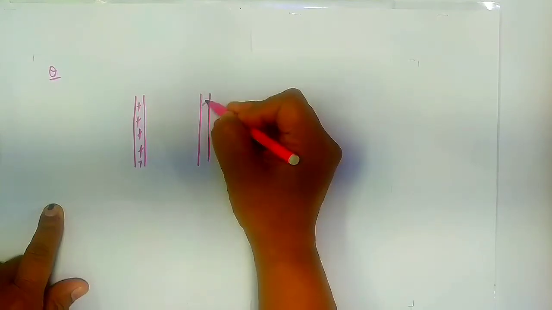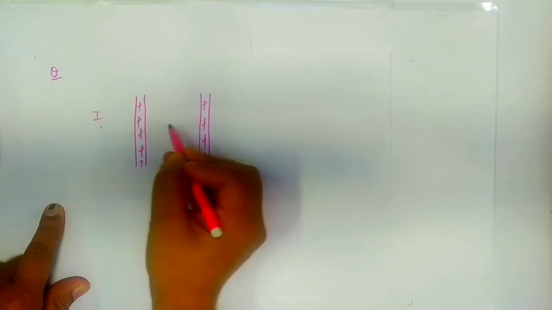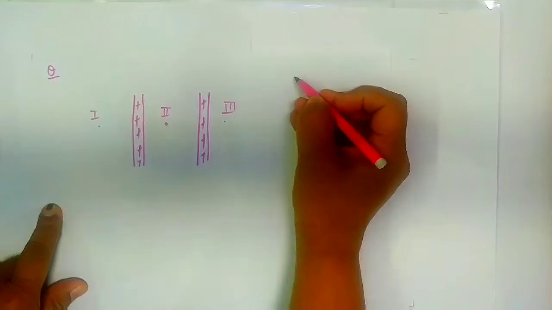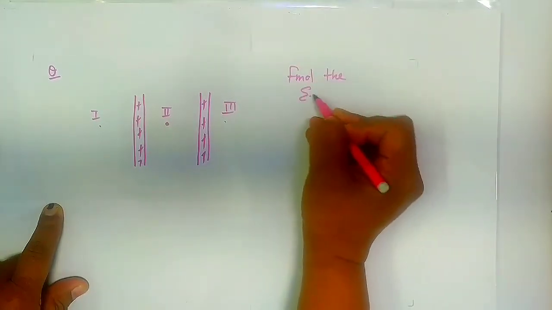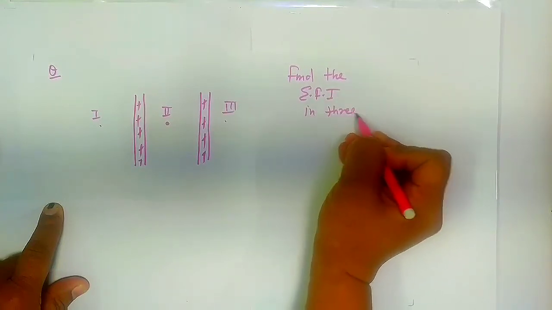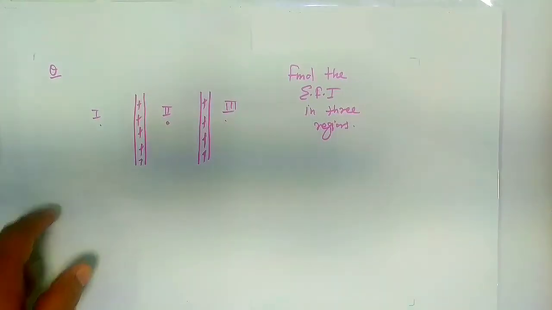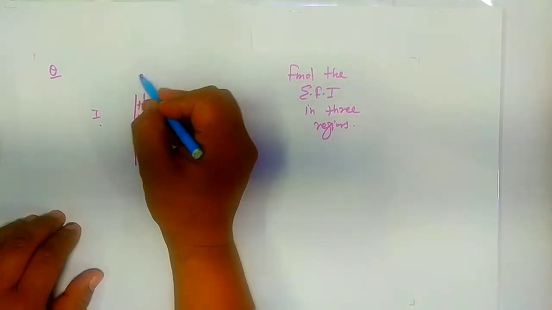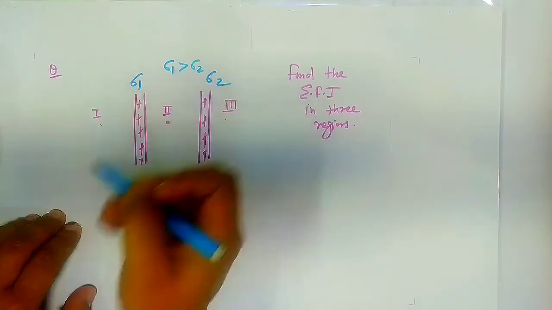There are three regions, and the question asks to find the electric field intensity in the three regions. Sigma 1 is the density of this one, sigma 2 is this one, and sigma 1 is greater than sigma 2.